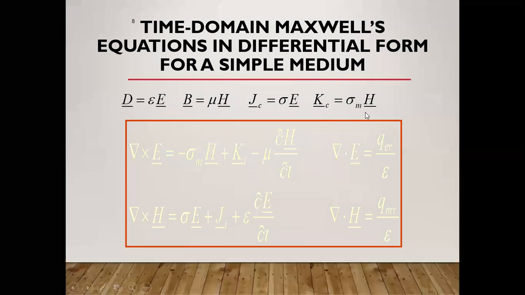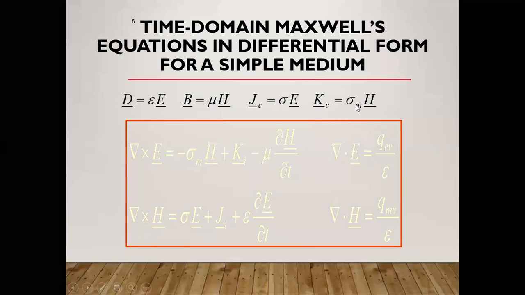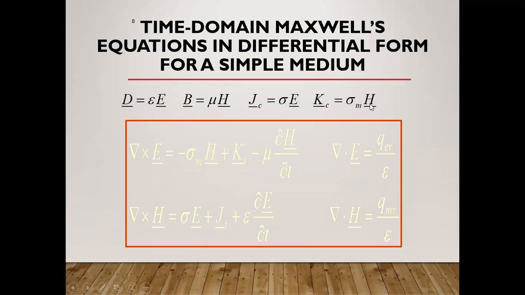See here, this will again be in the magnetic field, with sigma, but in the magnetic field that is M, and with respect to H, which is nothing but the magnetic field intensity. So likewise you need to substitute the values.